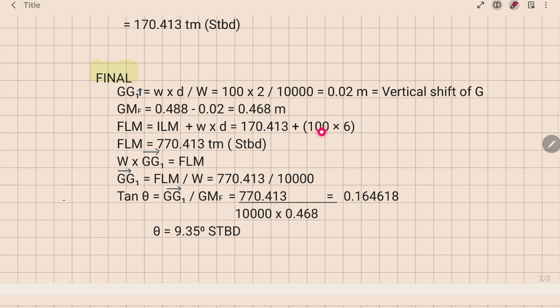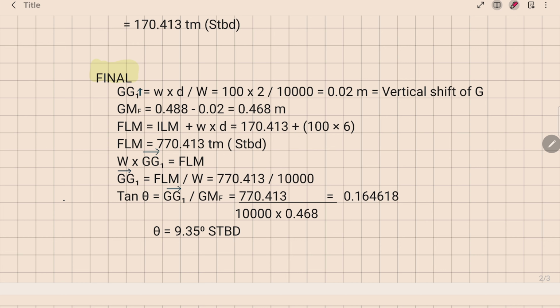The listing moment due to cargo will be added. Cargo was 100 ton and it shifted 6 meters horizontally. So 100 into 6 is the listing moment due to shift of cargo. Both will get added up and we get final listing moment 770.413 ton meter to starboard.